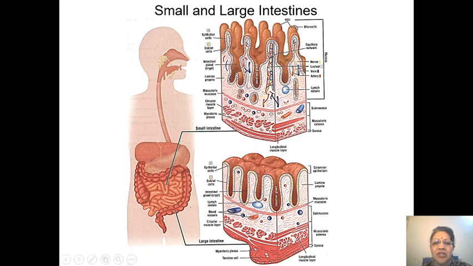So what essentially we are seeing is the same 4 areas of the wall of the tube. We had an outer serosa, then you had a muscularis externa, then you had a submucosa, then you had a muscularis mucosae, then you had the lamina propria, then you had the lining epithelium of the internal mucosa. So we have epithelial cells. All of these are epithelial cells.